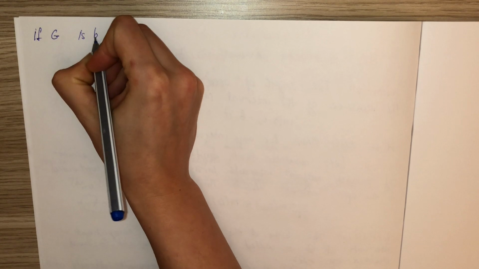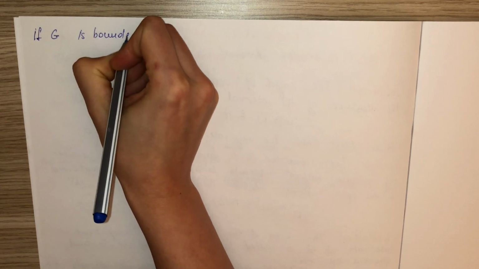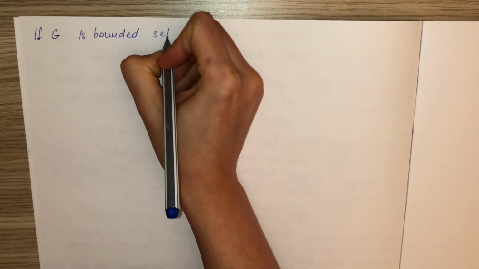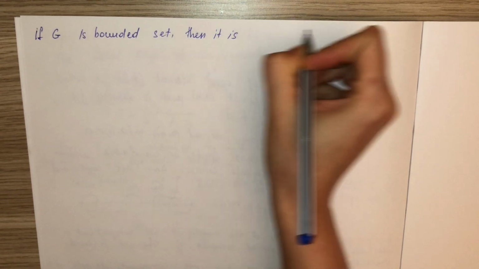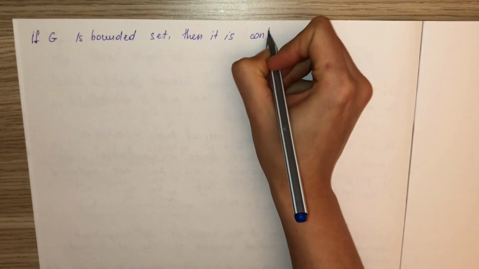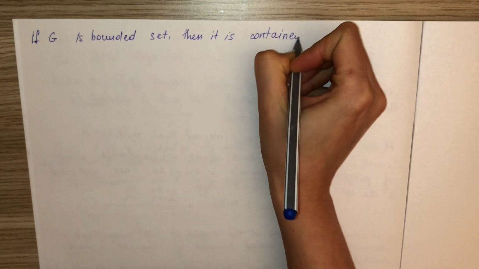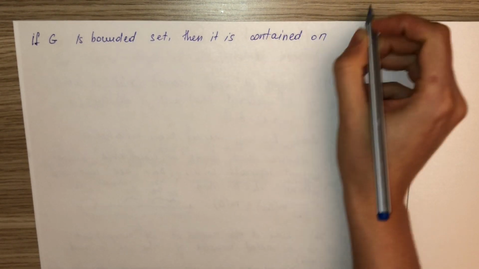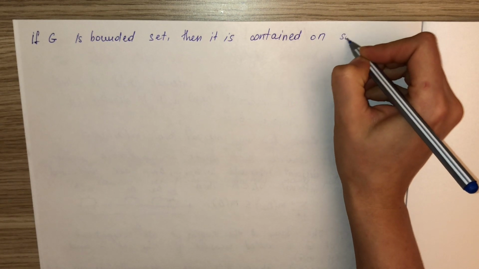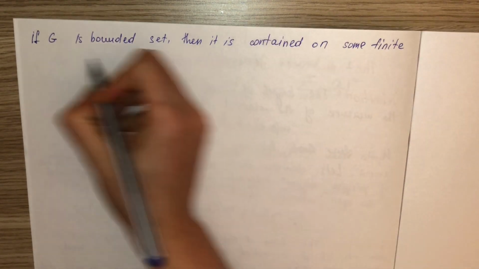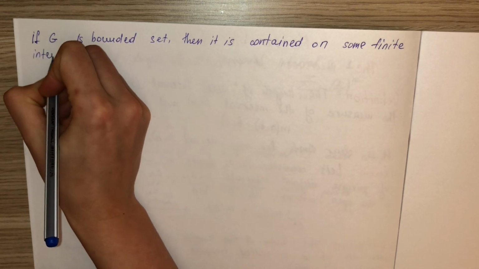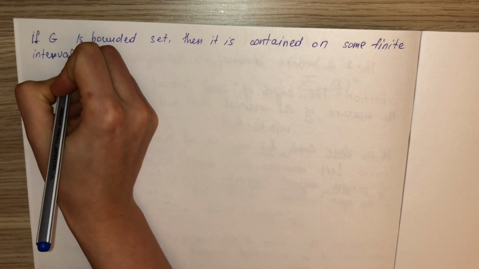If G is a bounded set, then it's contained in some finite interval delta.